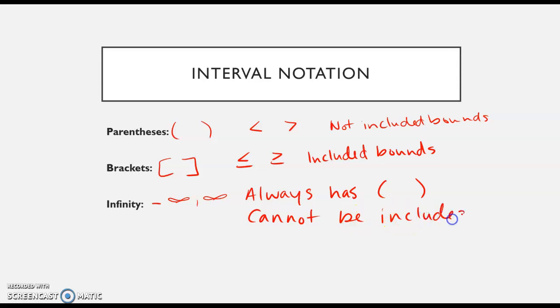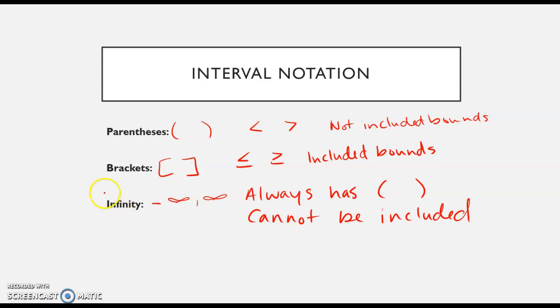It is always excluded or not included, however you want to think of it. But that's because infinity just represents the fact that numbers go on forever and ever, and isn't an actual number that we can count to. So that's just one way to think of it.